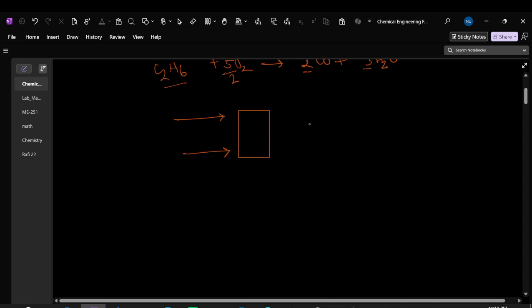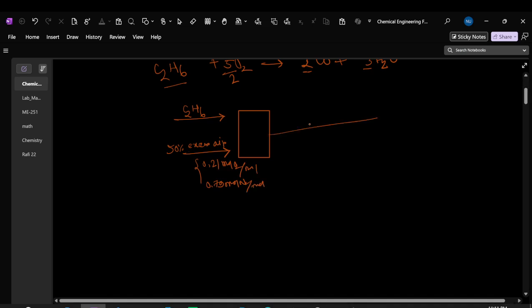On the input side, first C2H6, and then 50% excess air. We know that in air there is 0.21 mole oxygen per mole and 0.79 mole nitrogen per mole.